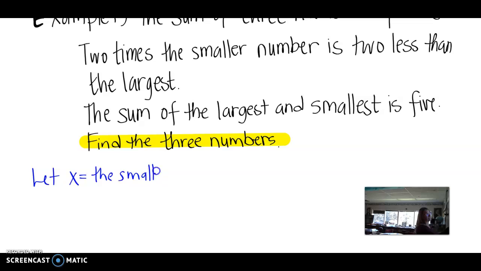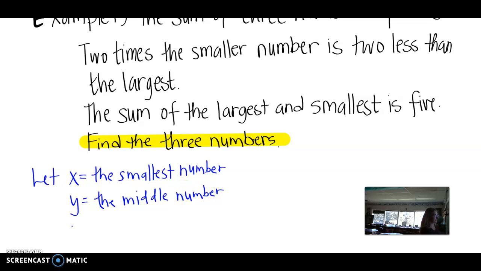You could say it equals the biggest number if you wanted to. But we have to let one variable equal the smallest number. I'm going to let y equal the middle number. It doesn't talk about the middle number, but the middle number must exist if there's a smallest and a largest. And then I'll let z equal the largest number.